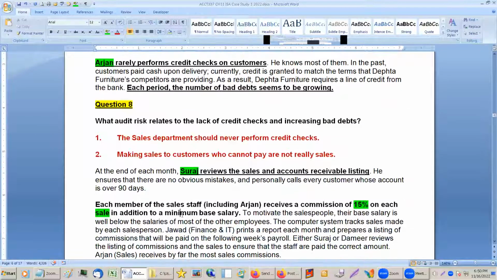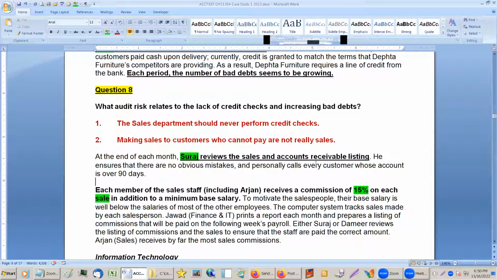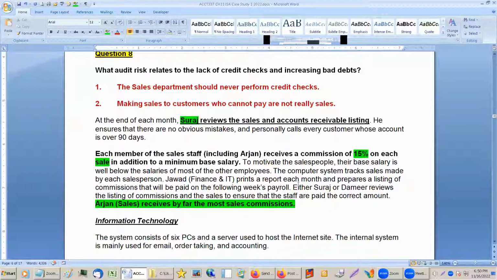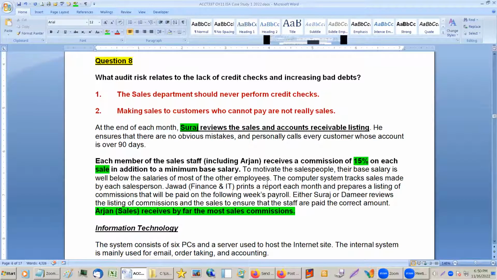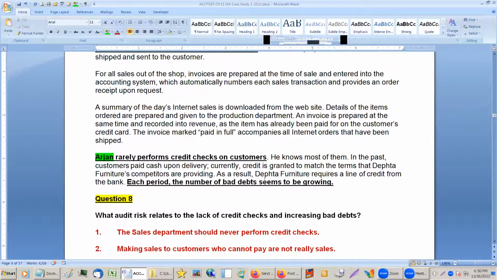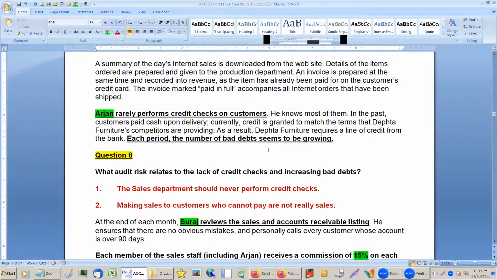You could have him approving sales so that he can get a 15% commission that are below the minimum. And you come down here. Arjan receives by far the most sales commissions. So here you really have somebody kind of just operating by themselves with really minimal oversight.